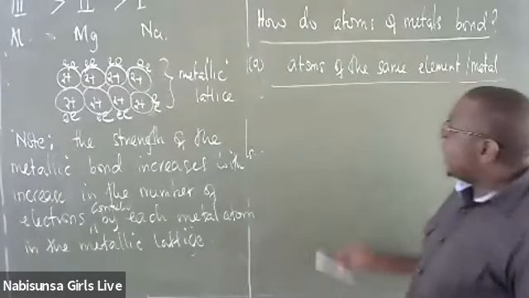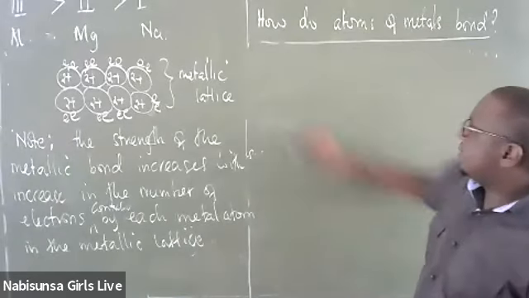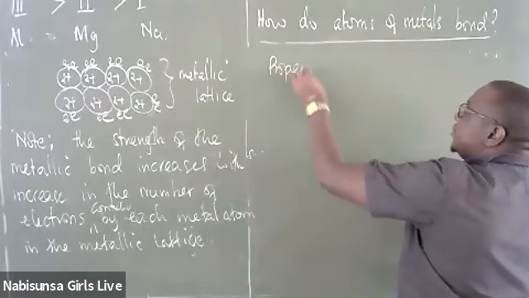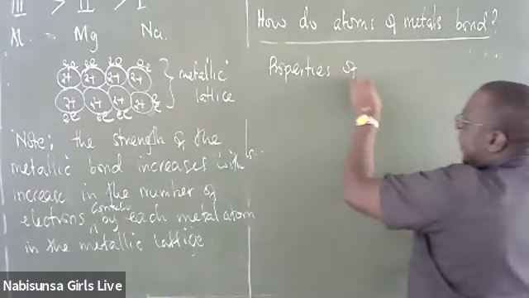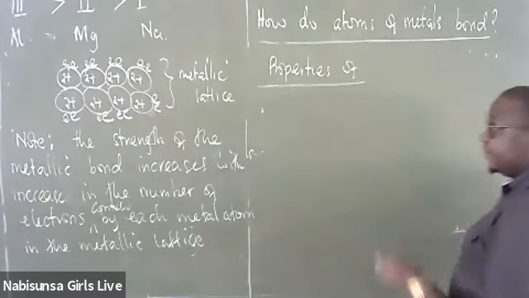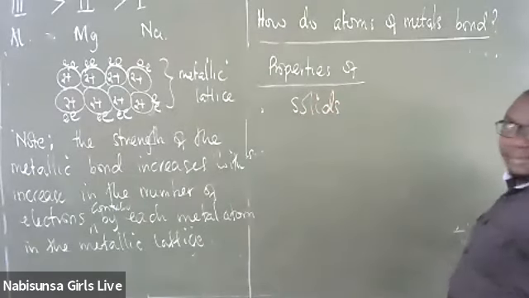Substances formed by metallic bonding, how do they appear? Properties. They are solid. One, they are always existing as what? Solids at room temperature. Normally, you find them as solids.